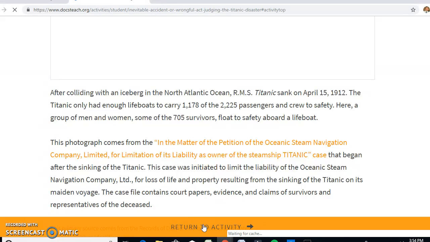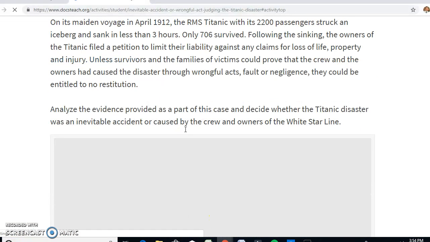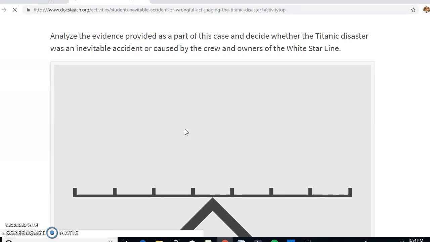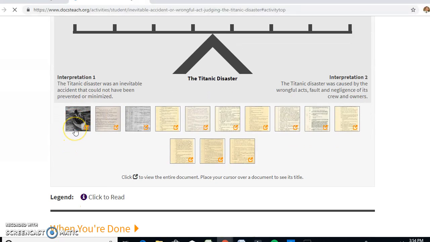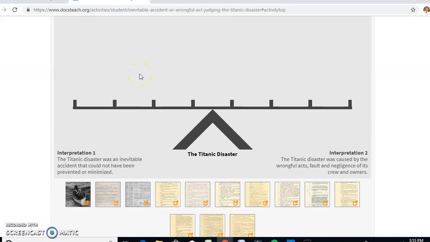I'm going to argue that piece of evidence falls under negligence. So I'm just going to move this document to right about there. See what happens. Come on.